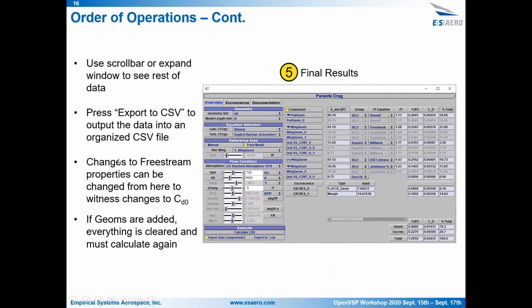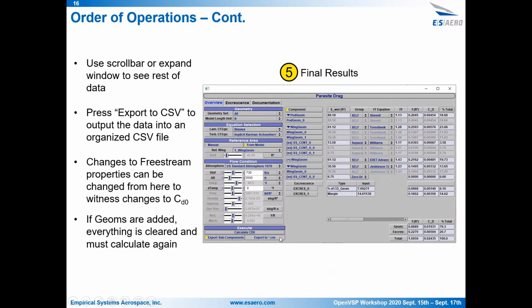The changes to the free stream properties, changes to interference factor, and the addition of excrescence can all be adjusted after calculating the CDO.